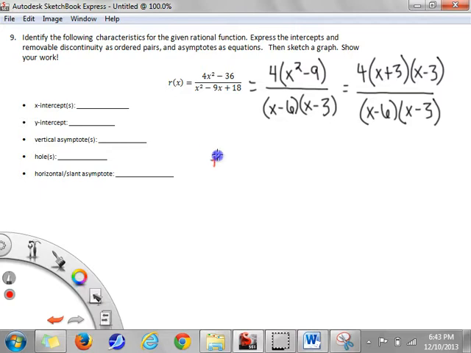So, okay, x-intercepts are the x values that make only the numerator equal 0.